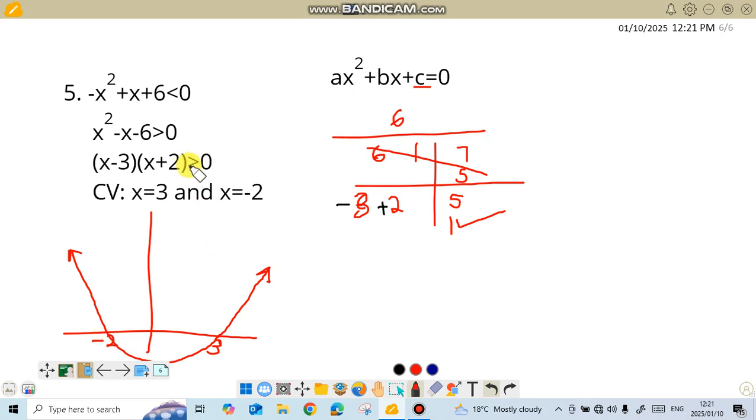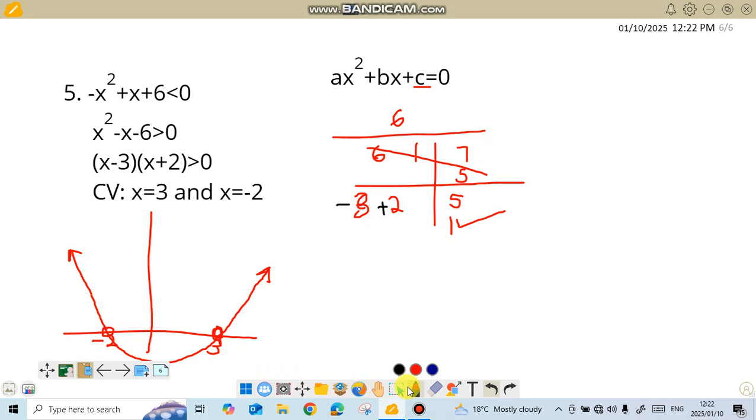Because it says greater than, not greater than or equal to, it means it's not part of the solution, so you draw an open circle. If it was greater than or equal to, you would shade it, but now it's not part of the solution.